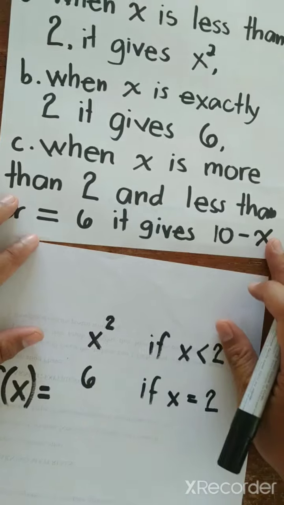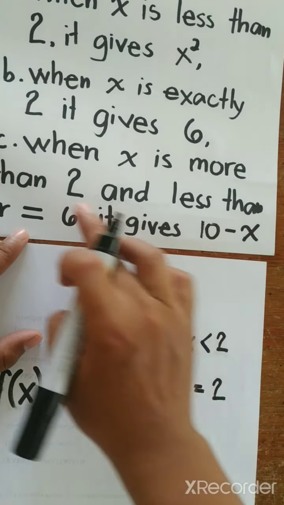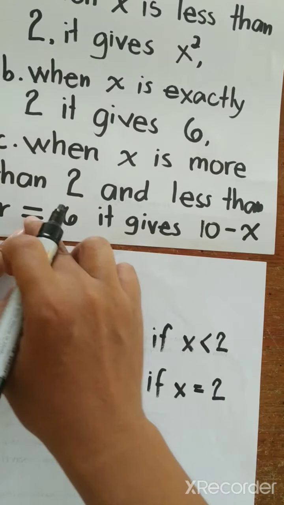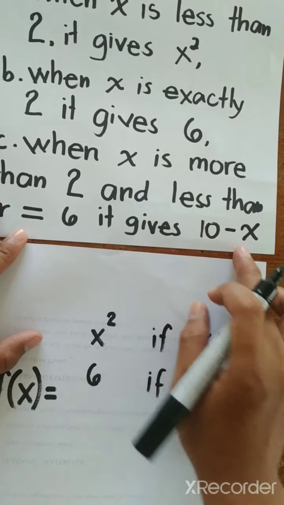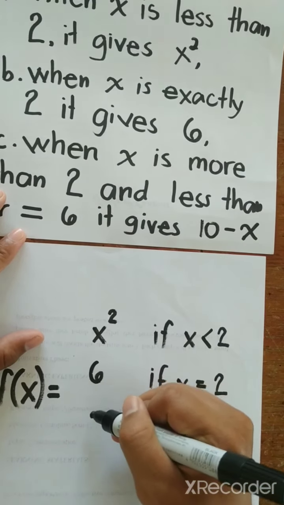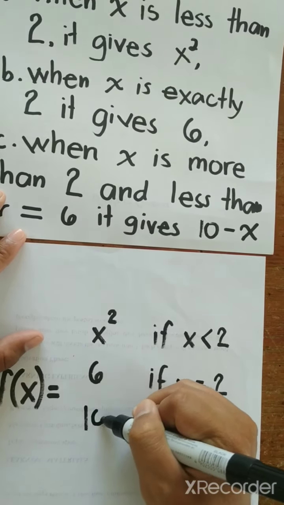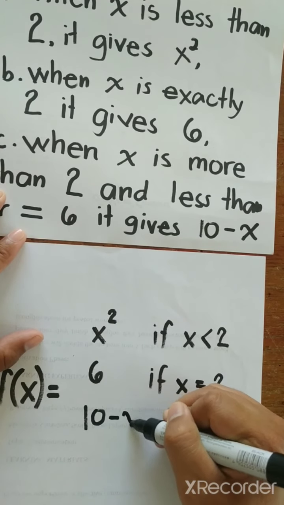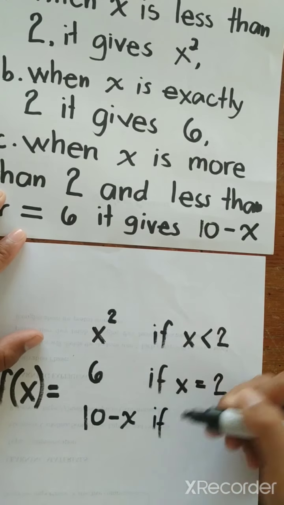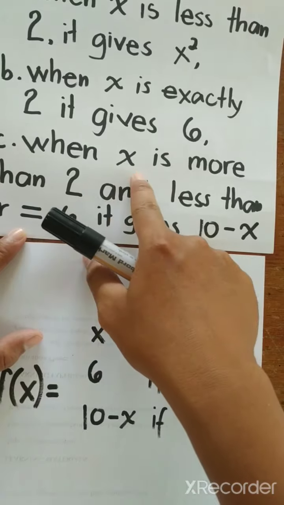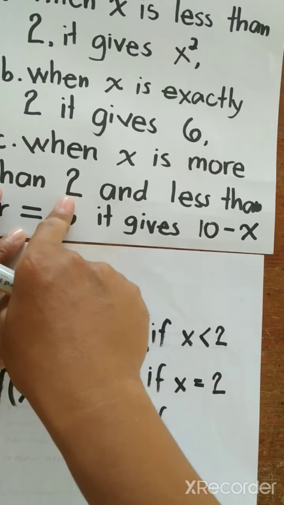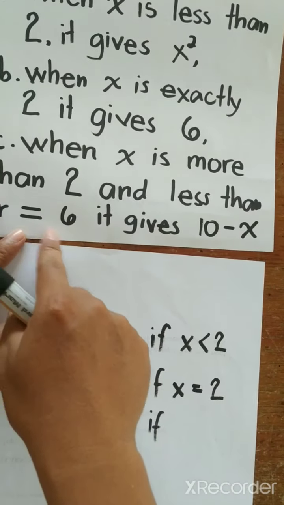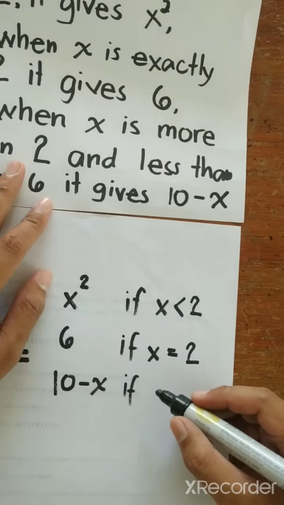We have here when x is more than 2 and less than or equal to 6, it gives 10 minus x. So we will write here 10 minus x. And if x is more than 2 and less than or equal to 6, it's quite lengthy.